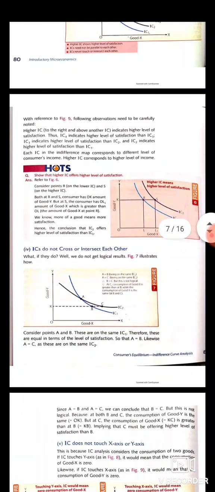Next is, indifference curves do not cross or intersect each other. As we know, points on an indifference curve are always equal, meaning a consumer will get an equal level of satisfaction on an indifference curve.